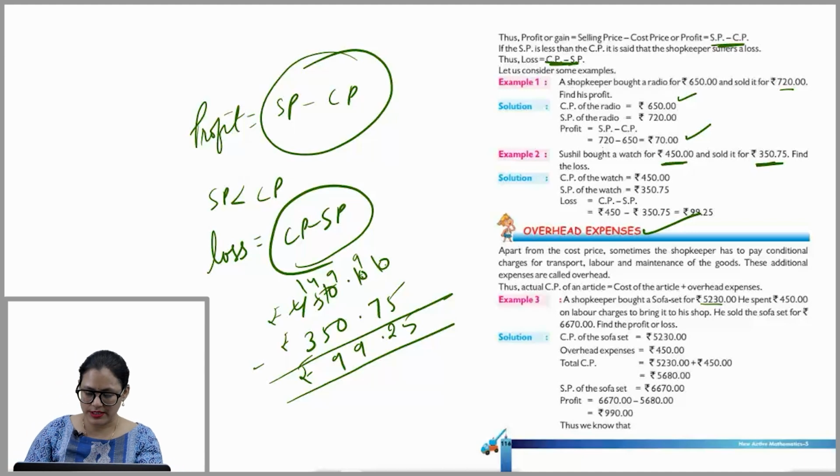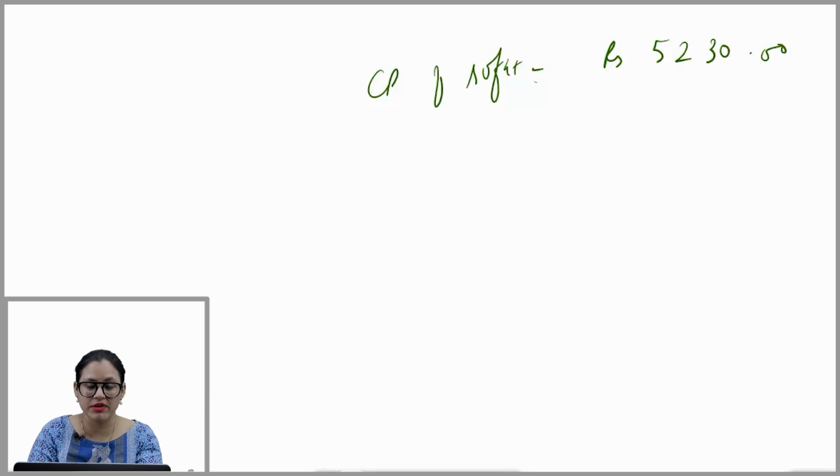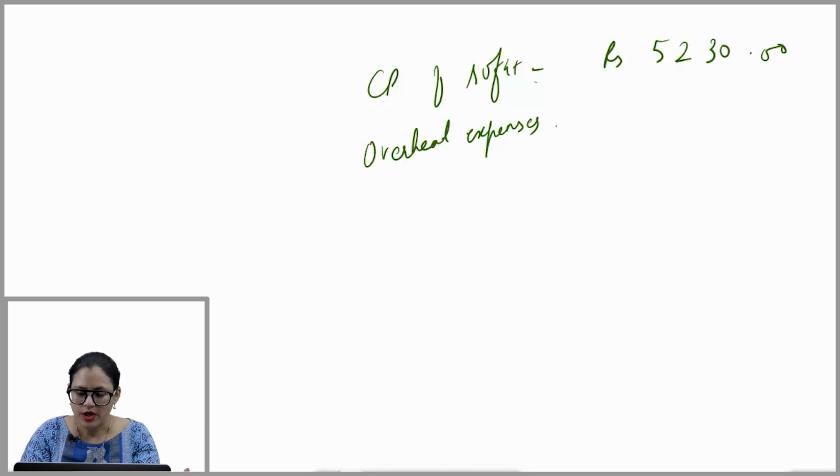Okay. So, first, CP of sofa is rupees 5,230. Okay. And there are overhead expenses because he gave 450 as labor charges. Okay. So overhead charge we will add with CP.